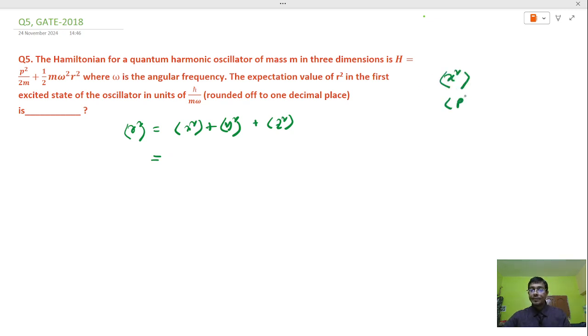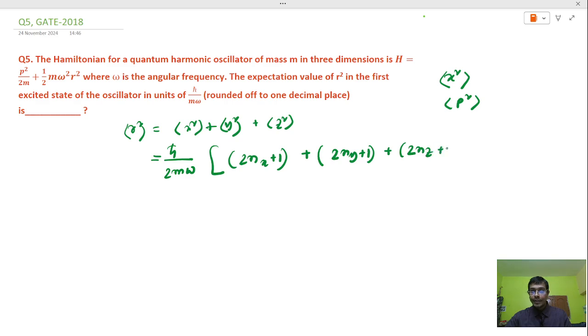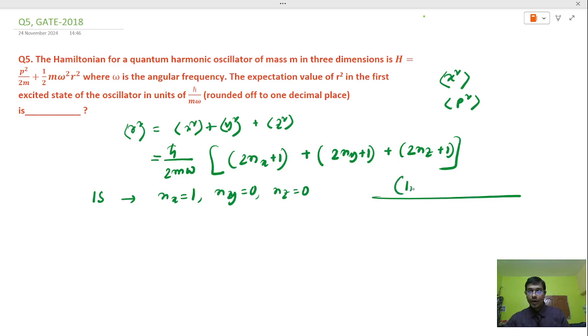This formula we write as h cross by 2m omega times 2 nx plus 1 plus 2 ny plus 1 plus 2 nz plus 1. For the first excited state, nx is 1, ny is 0 and nz is 0, and the other possibilities would be 1 0 0, 0 1 0, 0 0 1.